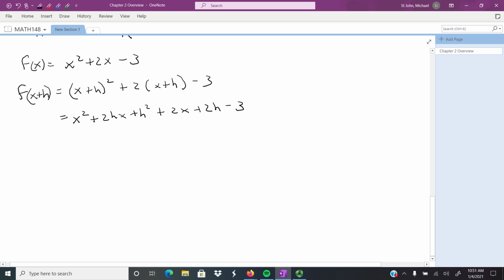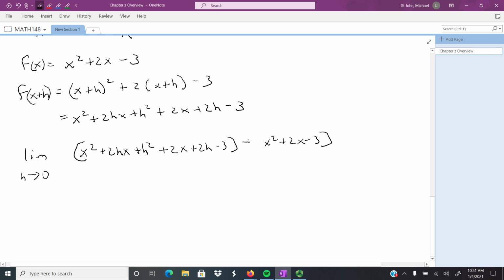Now we can take our pieces and plug them into that definition. So we want the limit as h goes to 0. And so we're going to have x squared plus 2hx plus h squared plus 2x plus 2h minus 3, minus the f of x part, which was the x squared plus 2x minus 3, all over h.